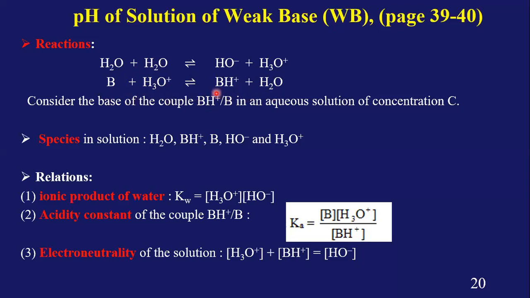This is called the Ka of a base. Bit odd, not typical of what we would use, but that would be the Ka of a base. Again, it's like the opposite direction of what we're used to. I don't really like the way it's written. Anyhow, we'll see later, okay?